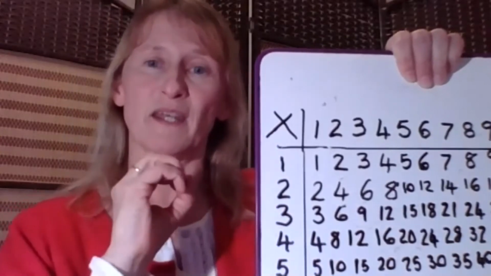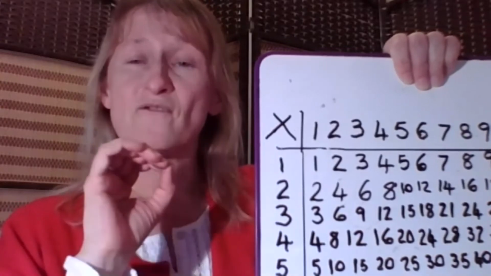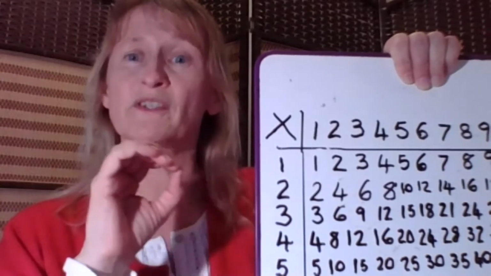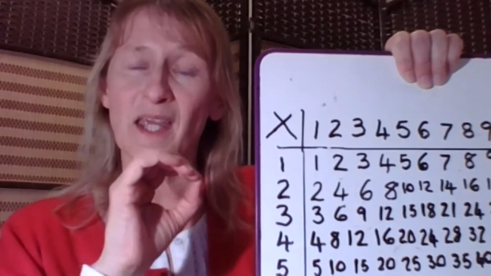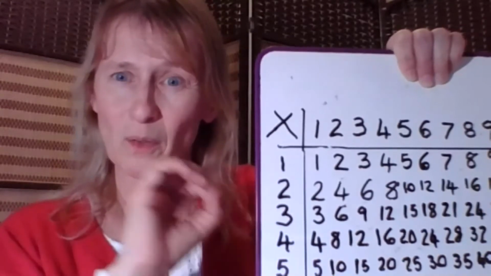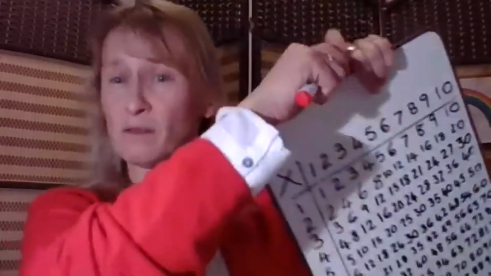Okay, now then, factors. What are factors? Factors are numbers which will divide into a bigger number exactly. Okay, exactly. So let's have a look at the factors of 12.